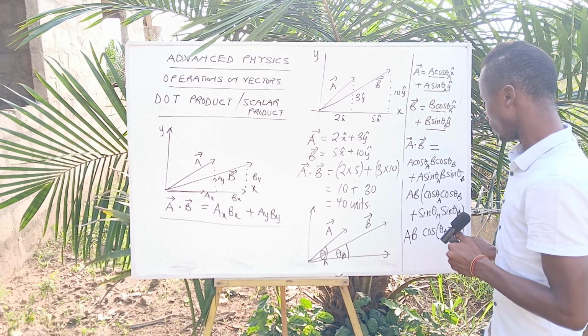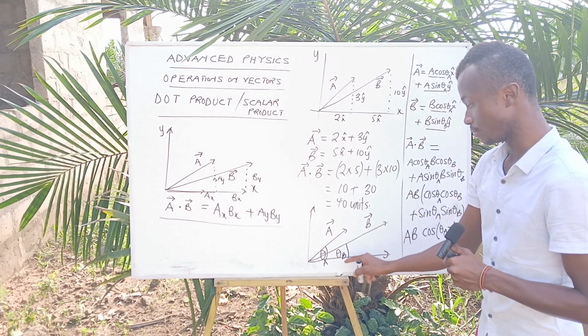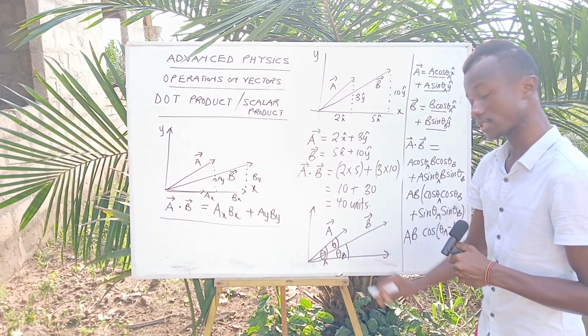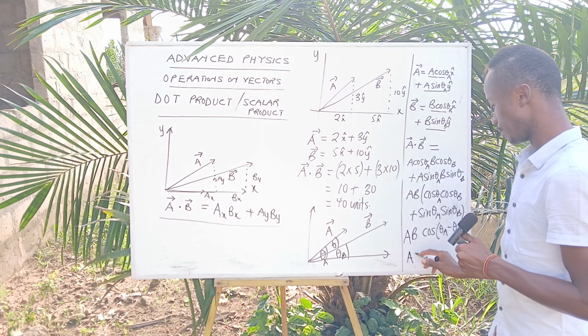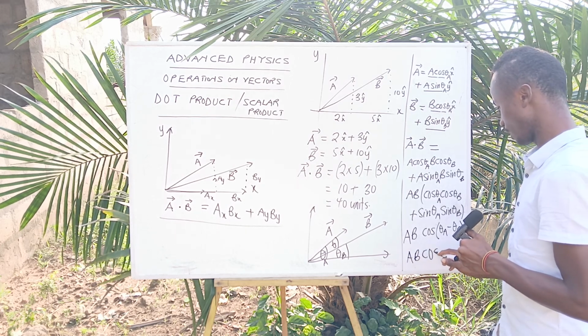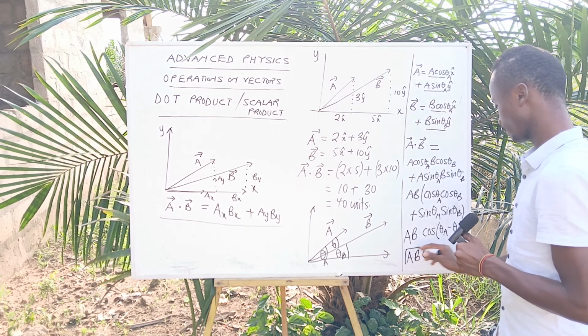Now, theta A minus theta B is the angle between the two vectors. So the dot product will be AB, the cosine of the angle between them, which is theta.